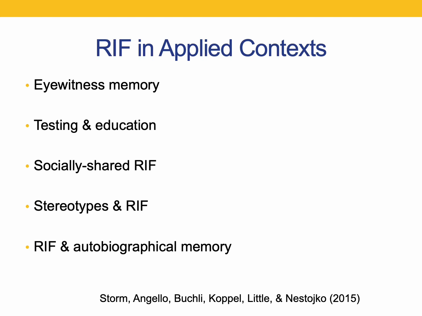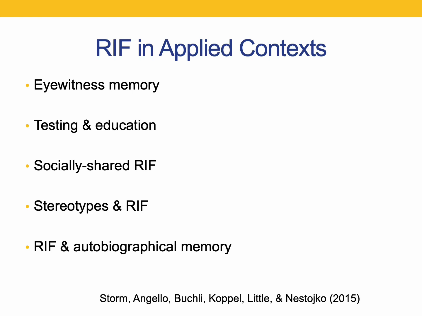You'll read about that. You'll also read about retrieval-induced forgetting in an educational context, and what happens, for example, when students take a practice test. Typically, only the information that you're tested on is going to get strengthened in memory. So what about the information that you're not tested on?